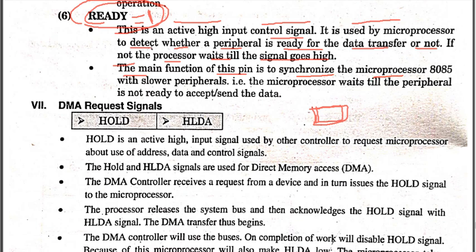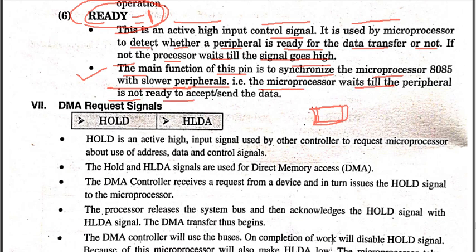The main function of this pin is to synchronize the microprocessor 8085 with the slowest peripherals, meaning output devices. तो जो मेन फंक्शन है इस पिन का वो है सिंक्रोनाइजेशन between the 8085 and the slower output devices.